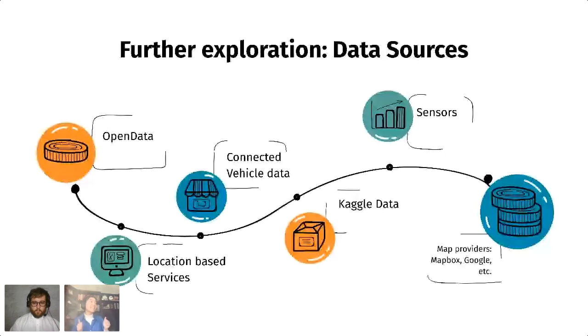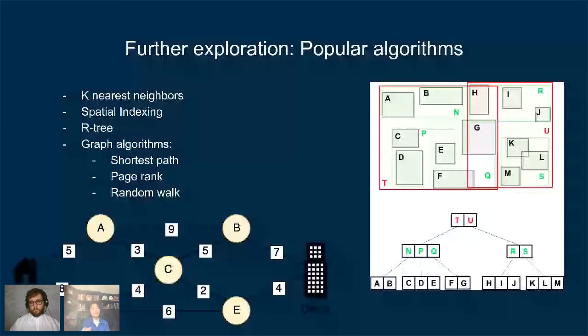Okay, so the last thing, for further exploration, is popular algorithms. Once you dig deeper into geospatial data, there are a lot of algorithms that you may need to use, specifically for spatial querying.